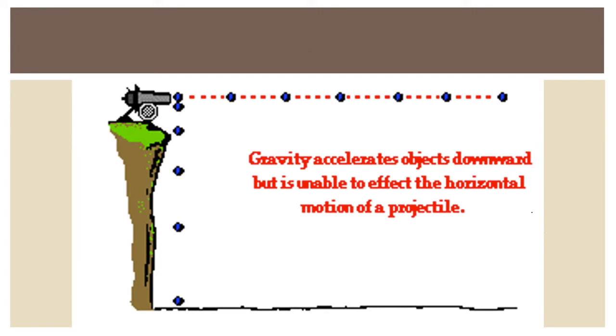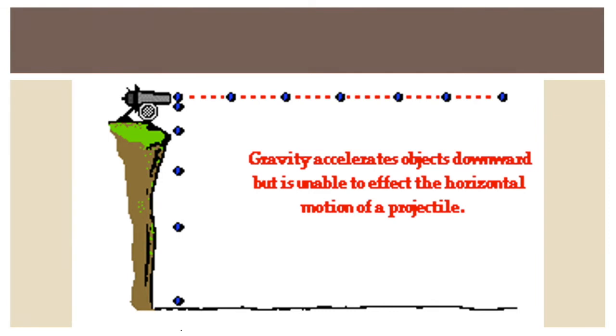In the vertical direction, this thing is accelerating. Gravity accelerates the object downward. But because gravity is a vertical force, it is unable to affect the horizontal motion of the projectile.